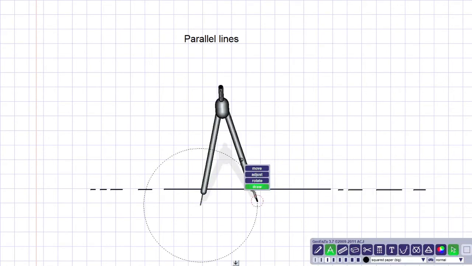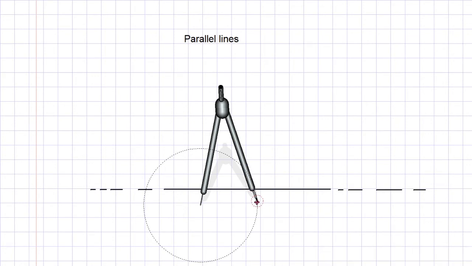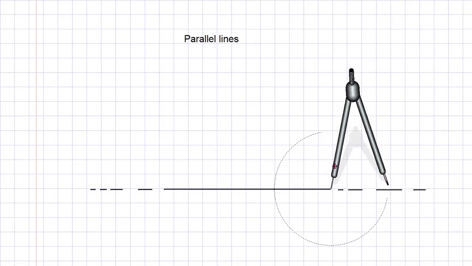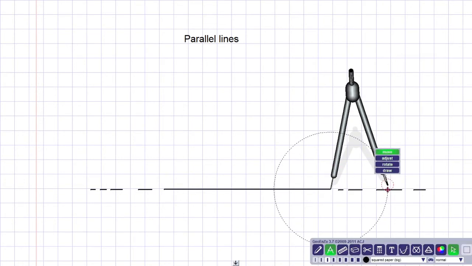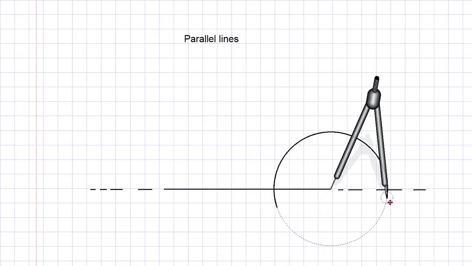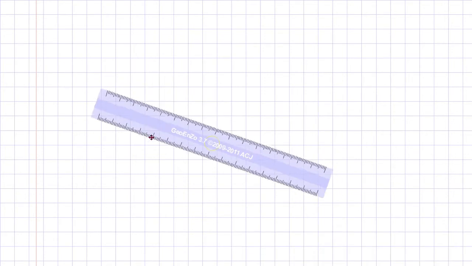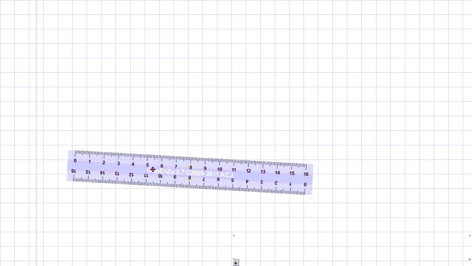Now I will construct 90-degree angles at those points. Place the compass here, here, and draw an arc. Now let's construct a 90 degrees angle. First draw a straight line.